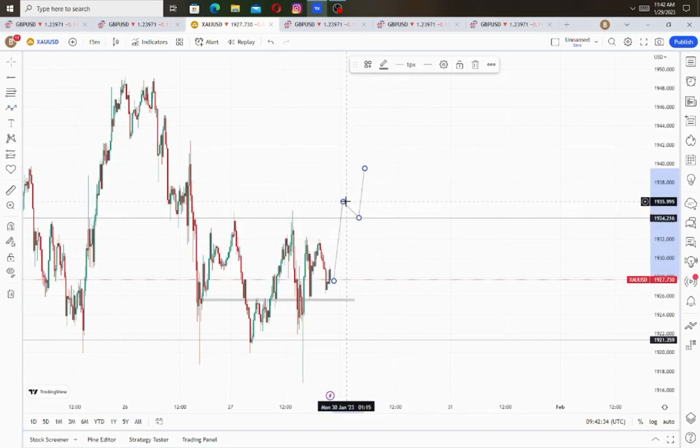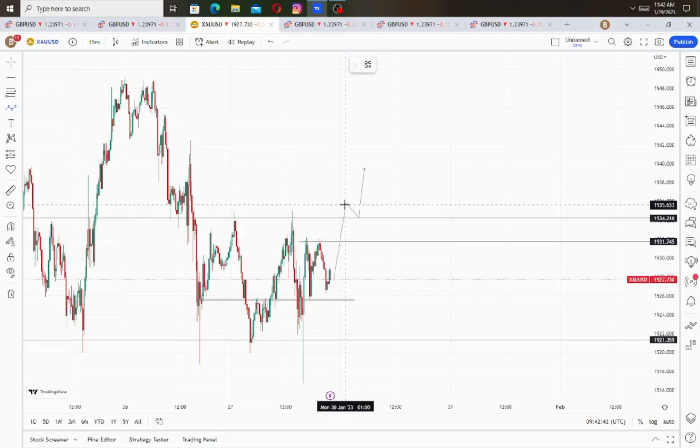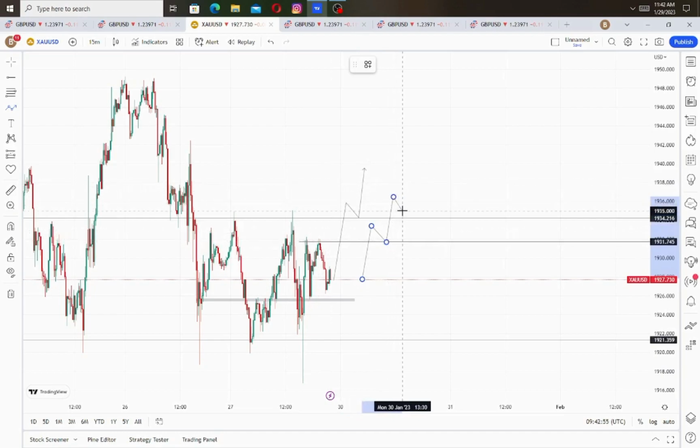Because if it gives you that retest, it's most likely to go all the way up, and there's an area right here, so if it doesn't break out, maybe it'll give me something straightforward like this. Just expect it to maybe respect this double top right here, give you that retest of that double top, break out and go all the way up.